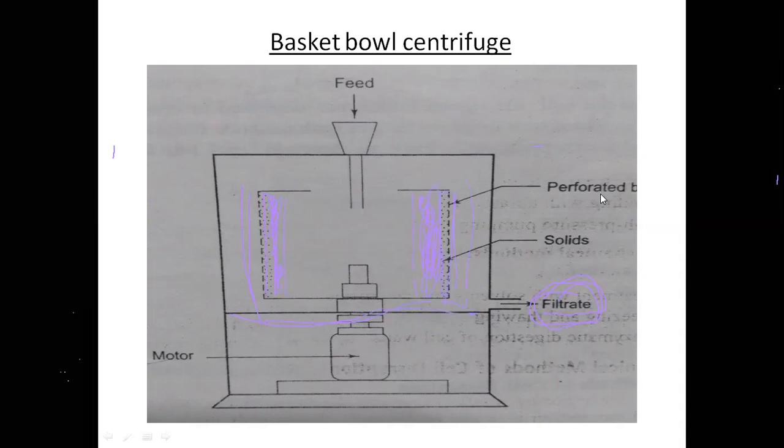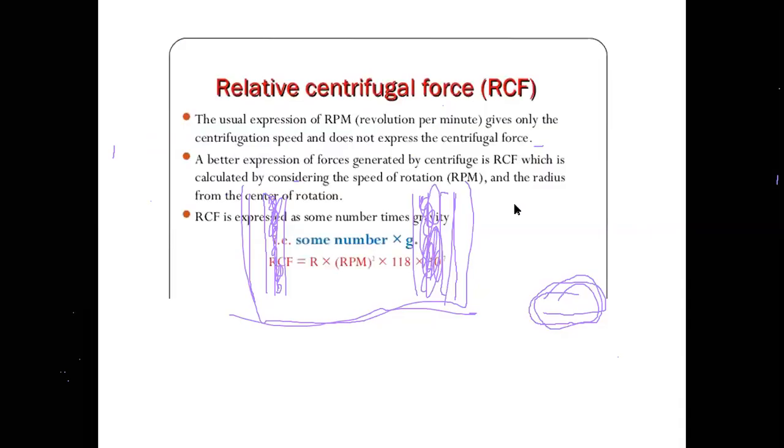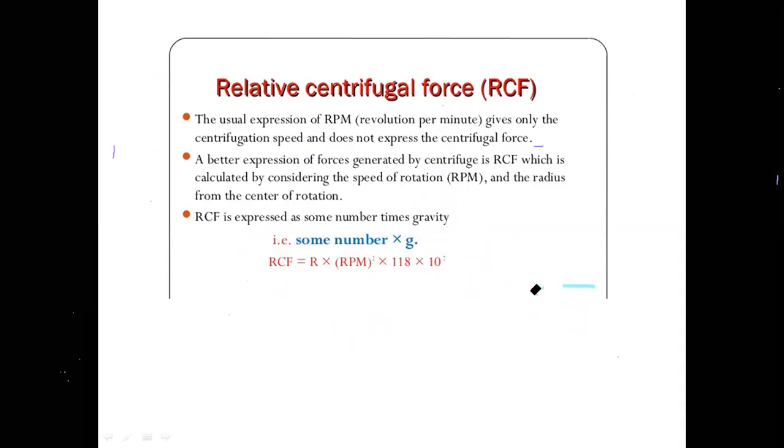Okay. So another topic, the last one, is relative centrifugal force. Sometimes what happens is we know RPM. Everybody knows 6,000 RPM, 10,000 RPM, which they give during centrifugation. That gives only the speed of the centrifugation, that means the speed of rotation per minute.